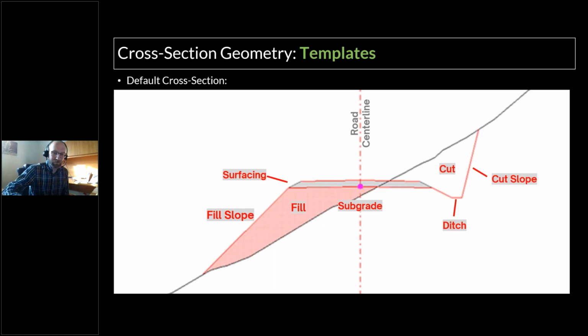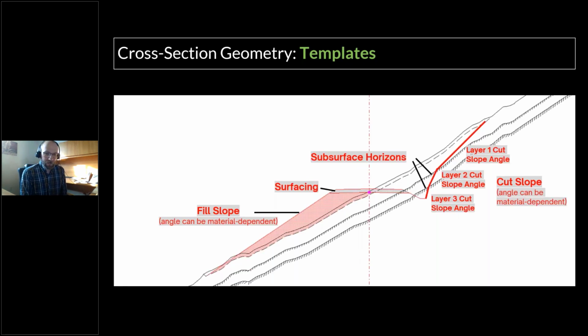Yeah, so let's talk about cut and fill slopes. I talked about assigning those different materials previously. But the image that I just had up was a single subsurface layer that brought in the cut and fill slopes from our default material.